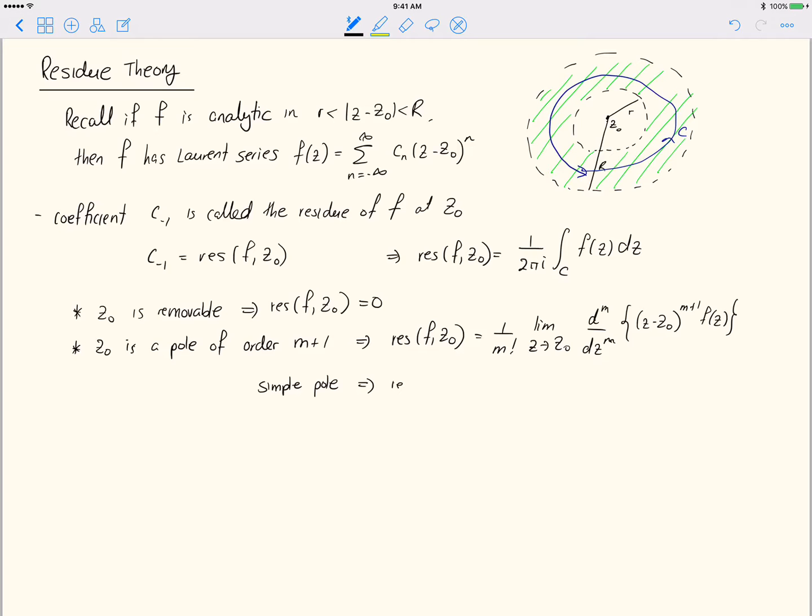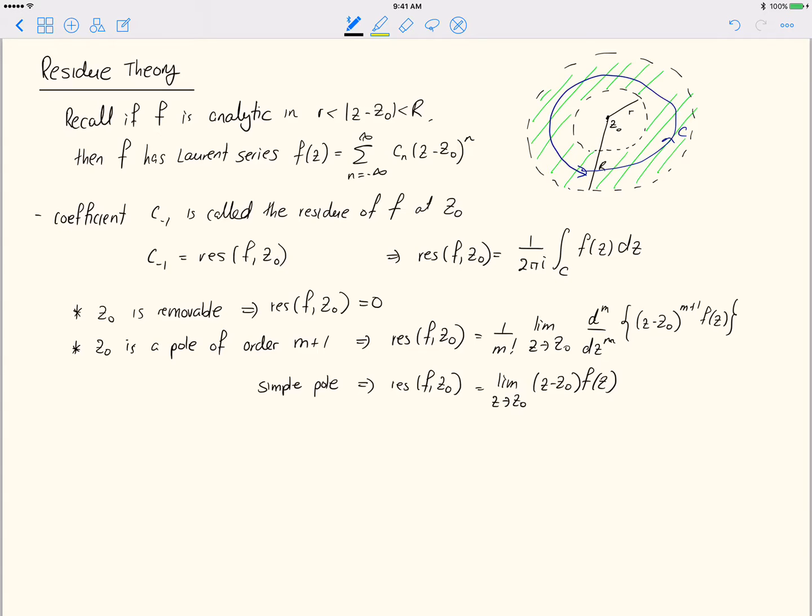So the formula for a simple pole would become 1 over 0 factorial, which is 1, limit as z approaches z0, 0th derivative, so we do nothing, z minus z0 times f of z. That's for a simple pole.